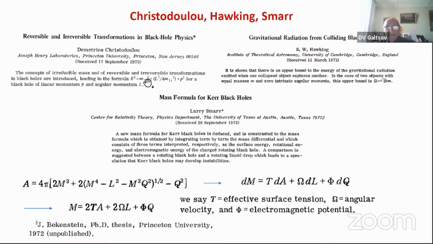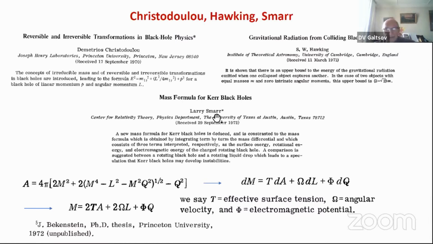He considers the irreducible mass of a black hole, which cannot be diminished in any process. And then Hawking soon after showed that the area of black holes can never decrease, when he derived the constraint on the gravitational radiation from colliding black holes.